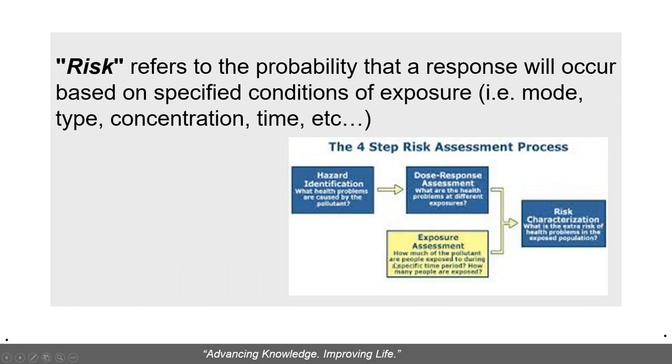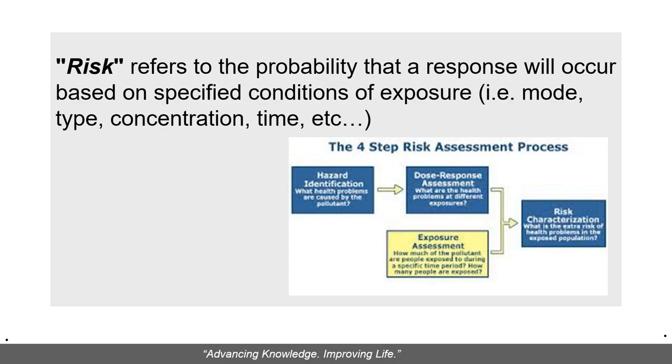And then there's a component here highlighted in yellow that you actually have to assess the level of exposure. So you will see as we progress through this that there are actually multiple components that come into play and then are incorporated in the actual risk characterization formulas to conduct a full risk assessment.